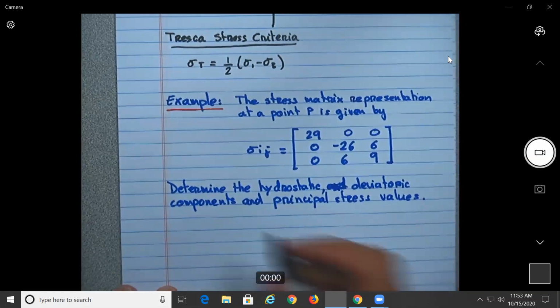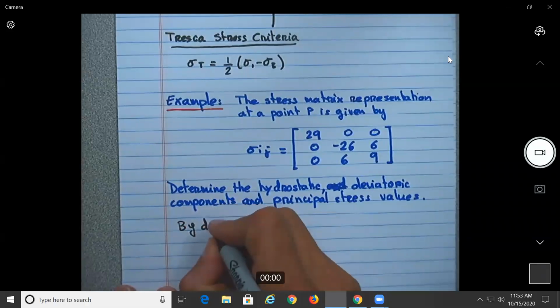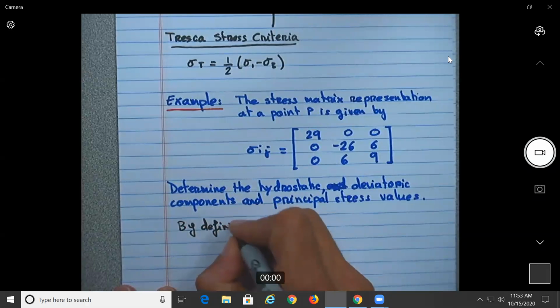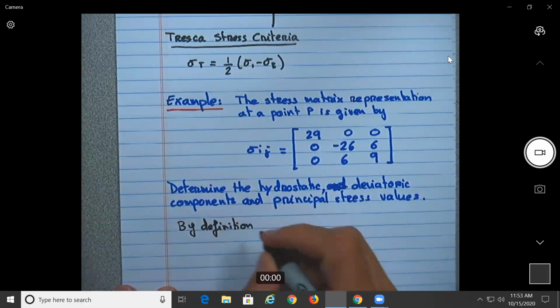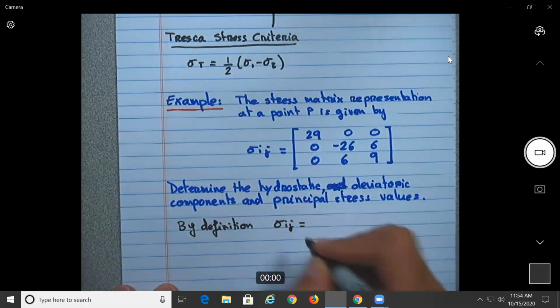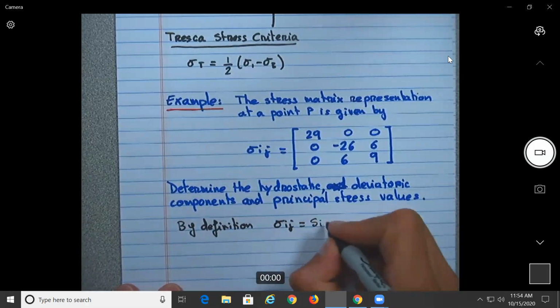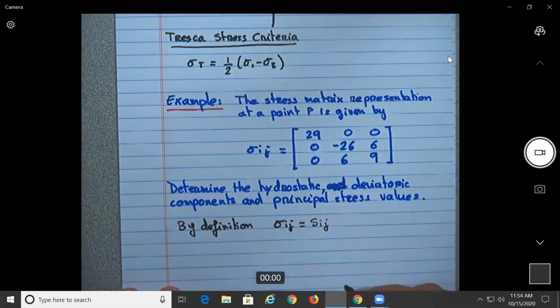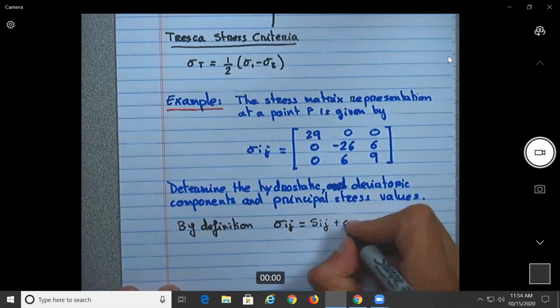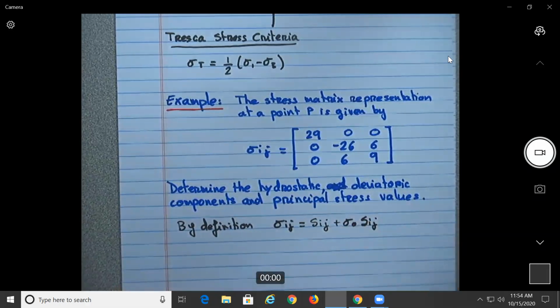Okay, so over here we just study what? We know that by definition the stress tensor can be rewritten into two components, no? The deviatoric or deviator stress plus the hydrostatic component of ij. This is very easy to do.